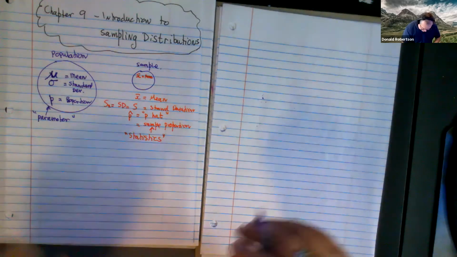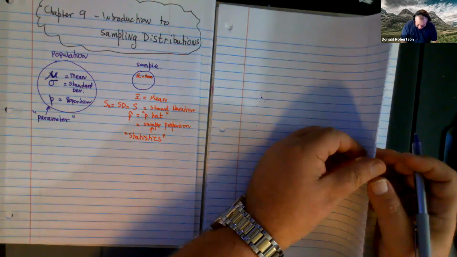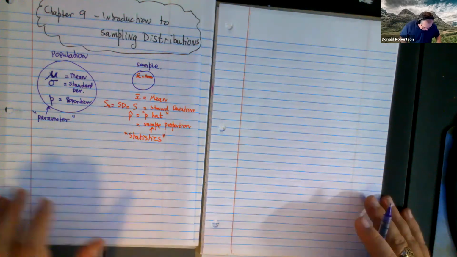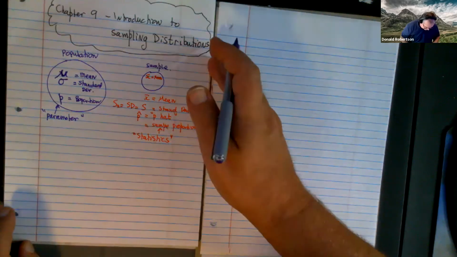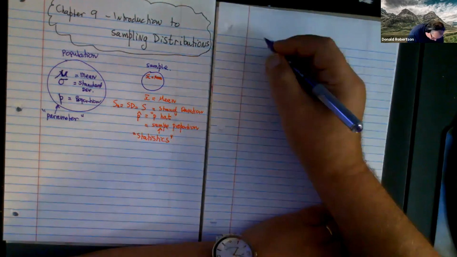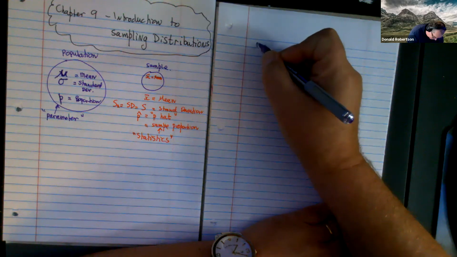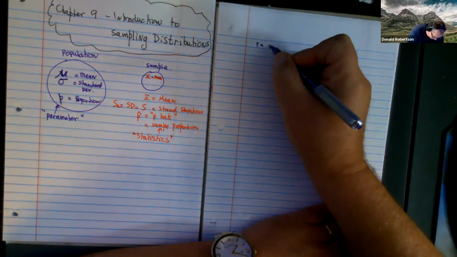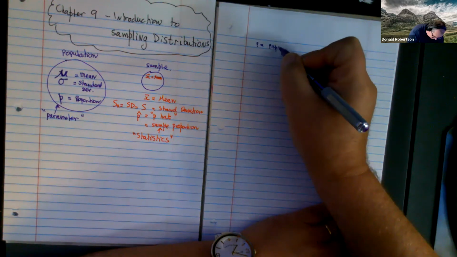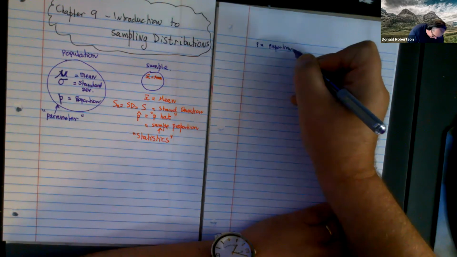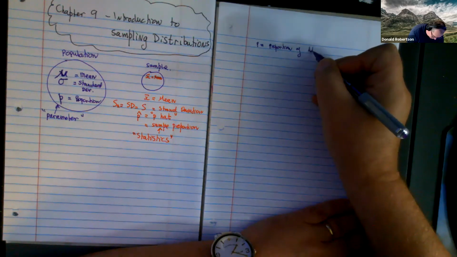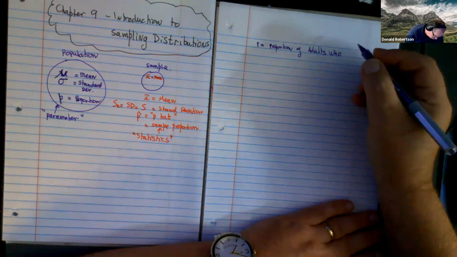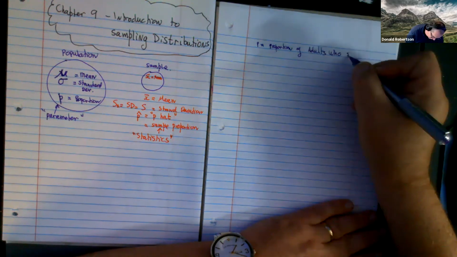Now, I'll give you a story to try and show you what happens here. Suppose I'm interested in P, which is a population parameter, and it's the proportion of adults who smoke cigarettes.